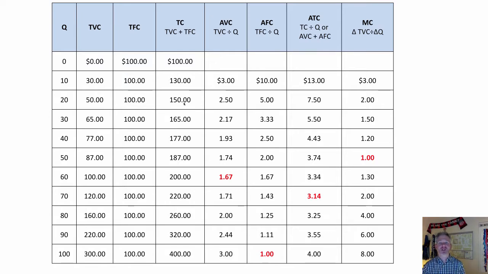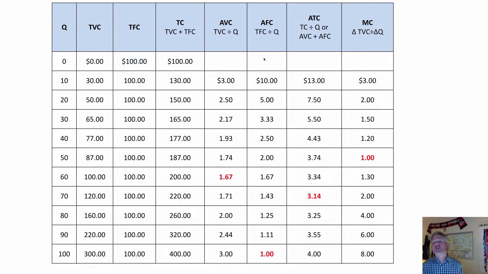So we just take the total cost and divide it by the quantity. Notice we could also find it by adding up the average variable cost and the average fixed cost. 3 plus 10 is 13. 2.50 plus 5 is 7.50. So you can get the average total cost either by dividing total cost by Q or by adding up average variable cost and average fixed cost. You can get it either way.